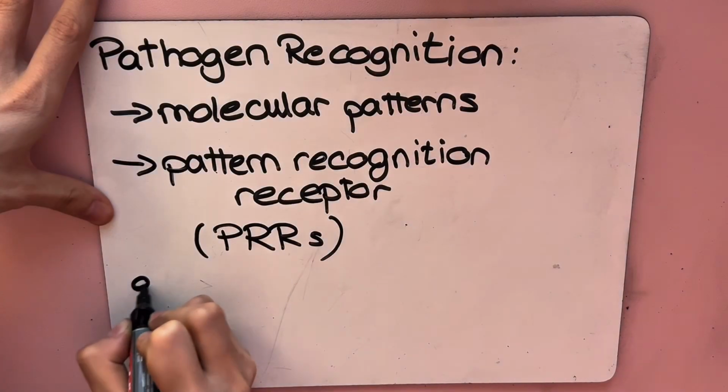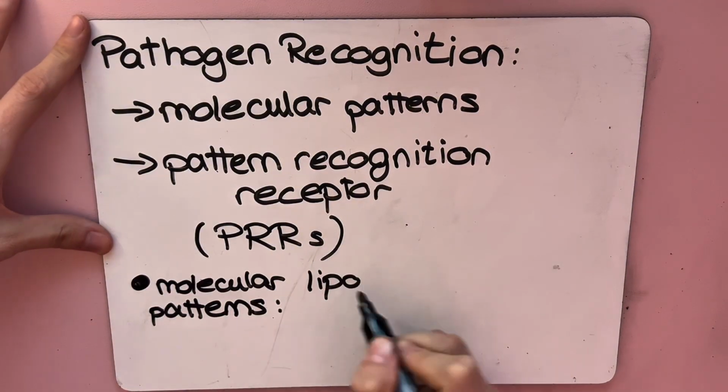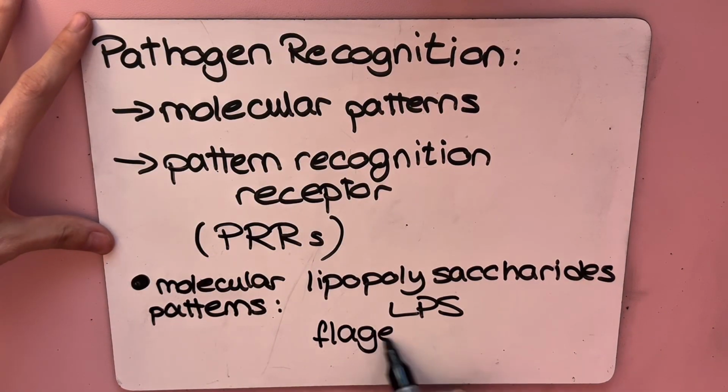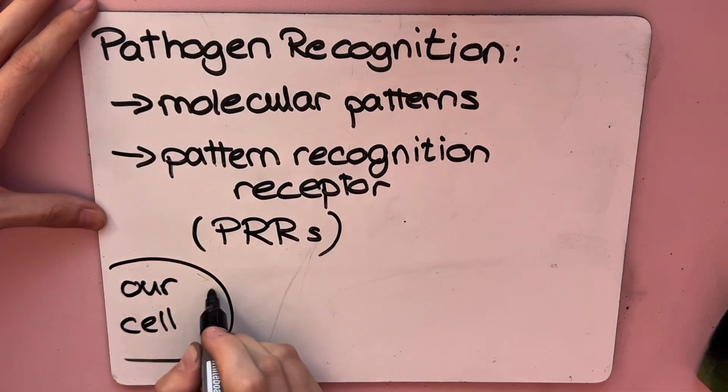So let's give some examples for molecular patterns. Lipopolysaccharides, shortly LPS. Flagellin from bacteria can also be an example. PRRs are designed to bind to pathogen-associated molecular patterns.